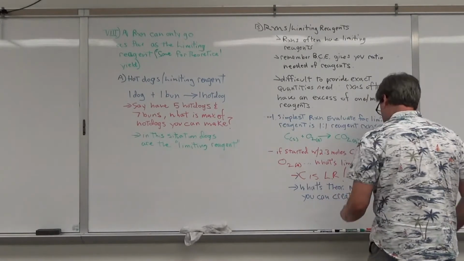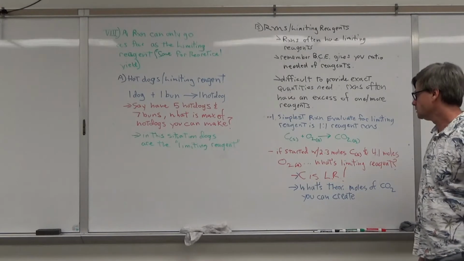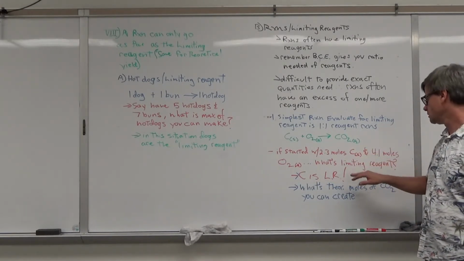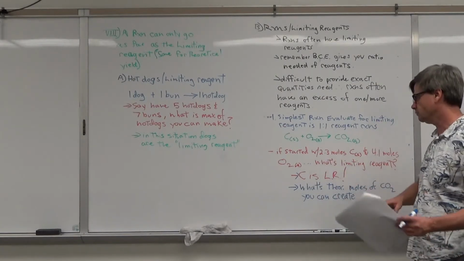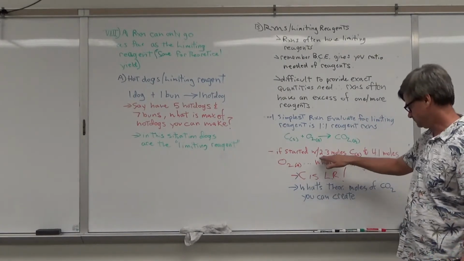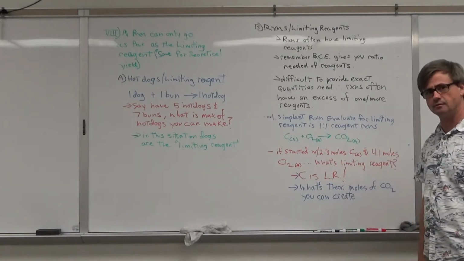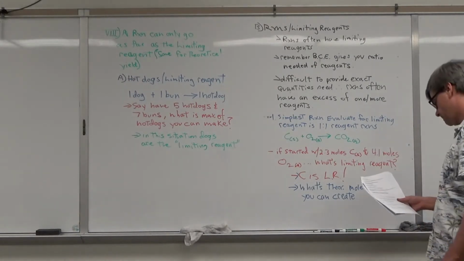And once you've established which one of these is the limiting reagent, we know that the carbon is the limiting reagent. In terms of figuring out the theoretical yield, you ignore the other one. We've got that in excess. This is the one that limits the theoretical yield of carbon dioxide.